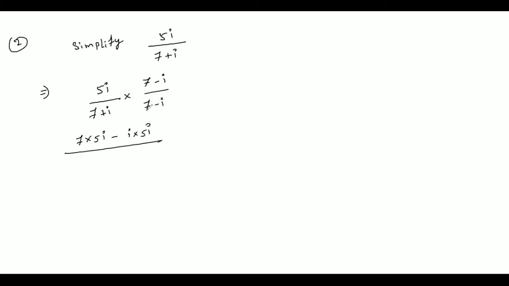The denominator is like (a + b)(a - b) = a² - b², so 7² - i². 7 times 5i is 35i, minus 5i², over 7², which is 49, minus i², and we just found i² = -1.